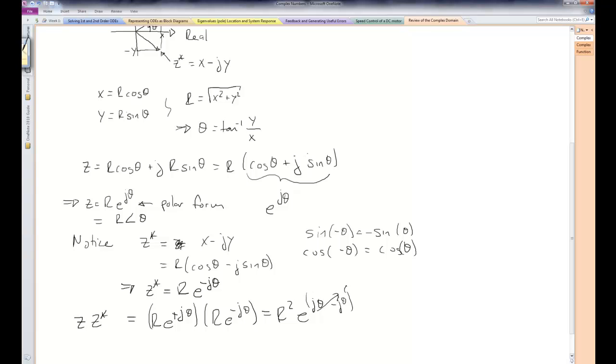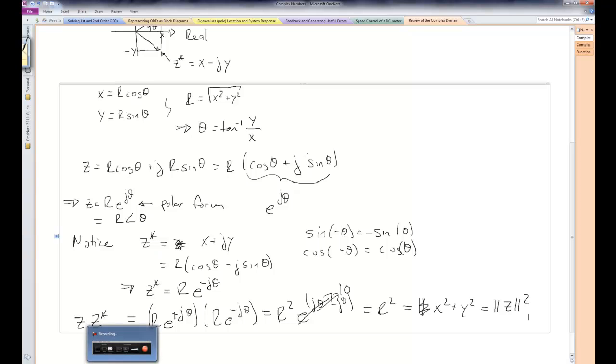That's just 0, so that whole term is 1, and that's just r squared. Notice that's equal to x squared plus y squared, from that relationship up here, which is the Euclidean norm of the phasor squared. So that's the norm of z squared.